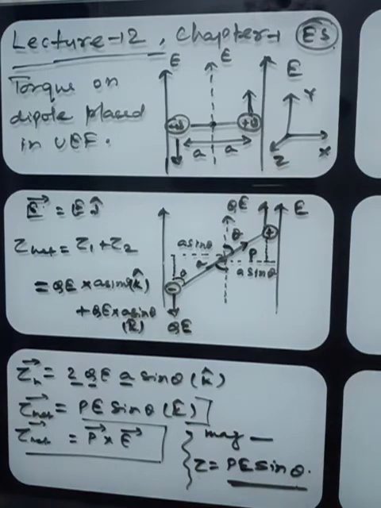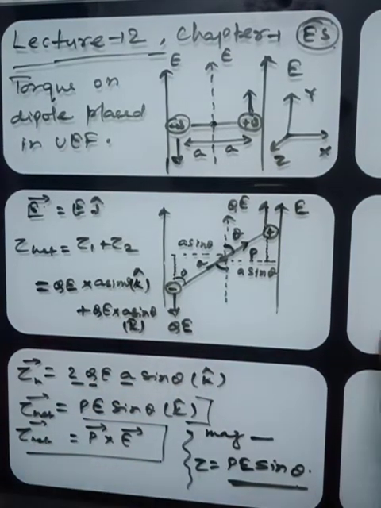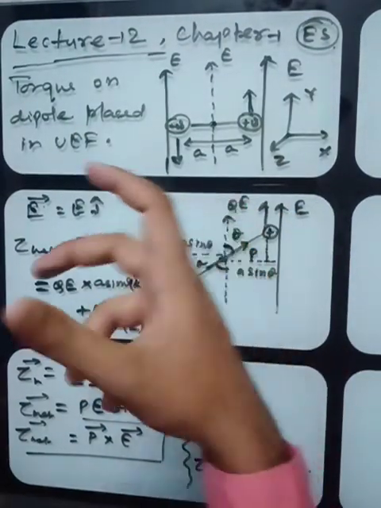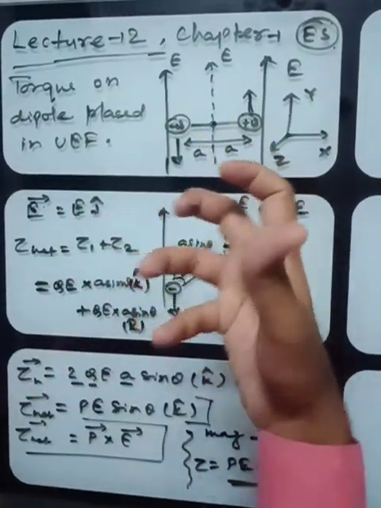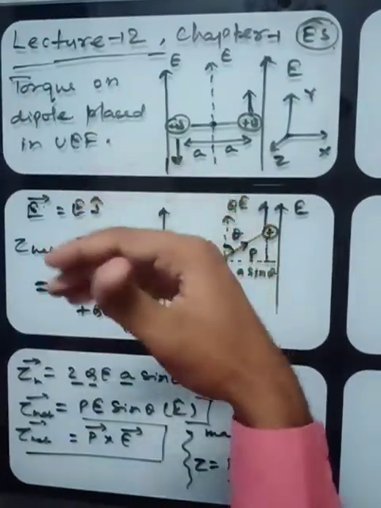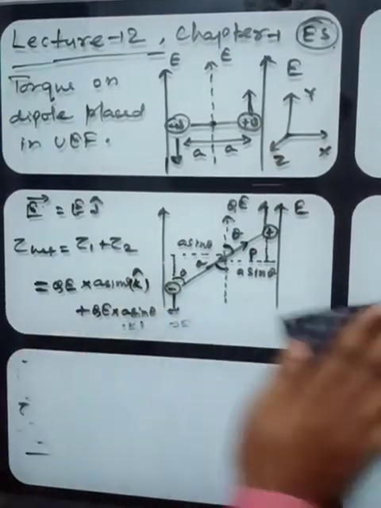This is the magnitude. Now students, if you are asked to find the work done by rotation of this dipole, how much work is done by the dipole in rotating, or how much work will be done by the external agent, you can also find that work done. That is not very tough.